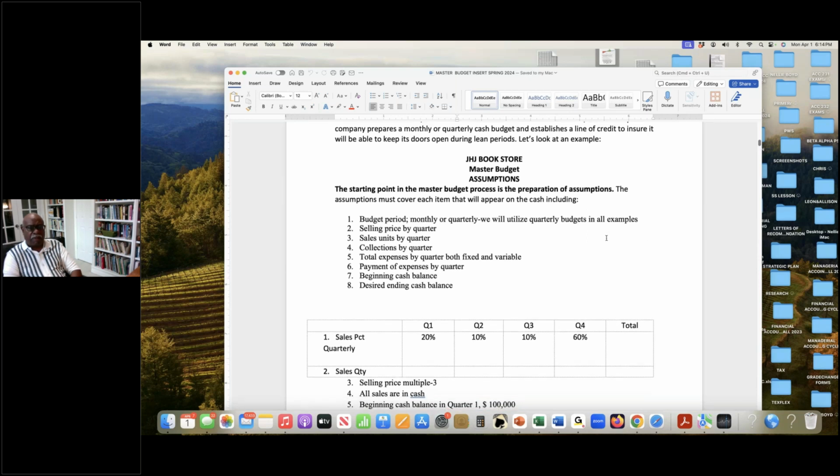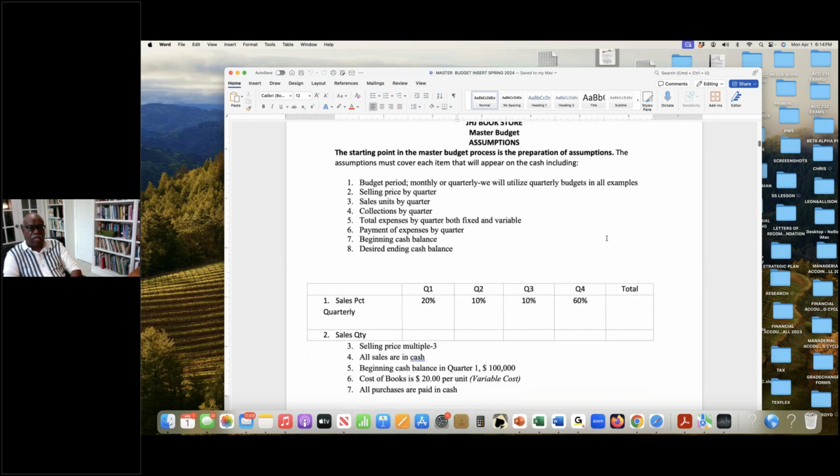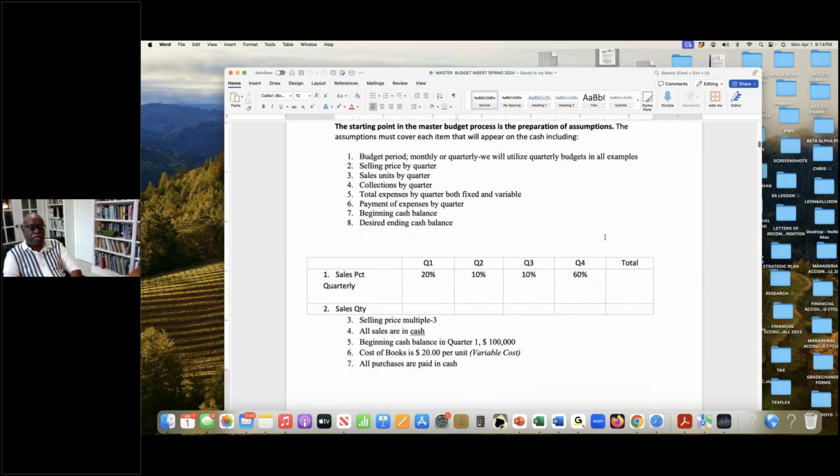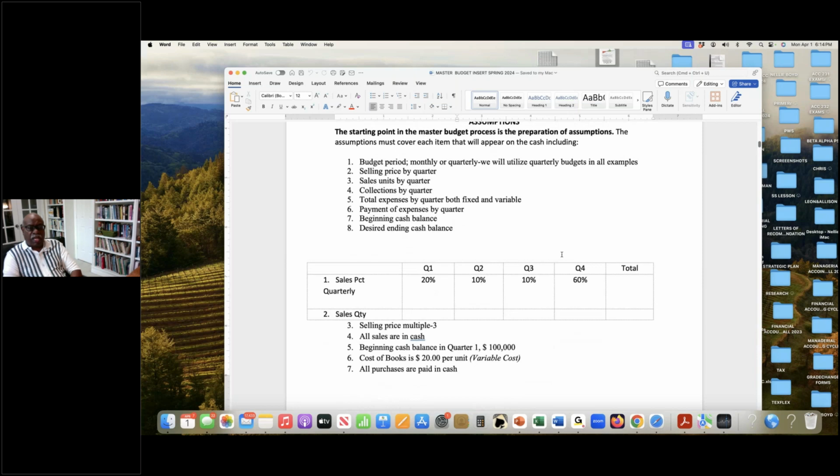So in the problem that we're looking at, for this company that's selling books, we're assuming that they sell 20% of their books in the first quarter, 10% in the second, 10% in the third, and 6% in the fourth. So you can see they might make a profit in the end.